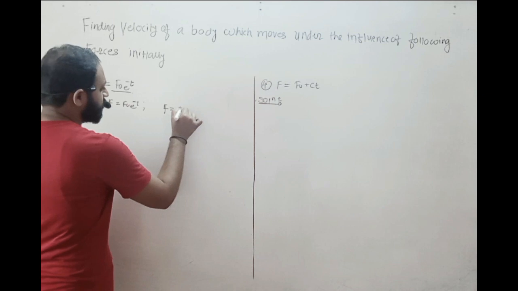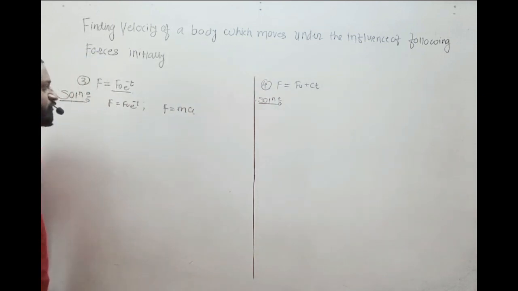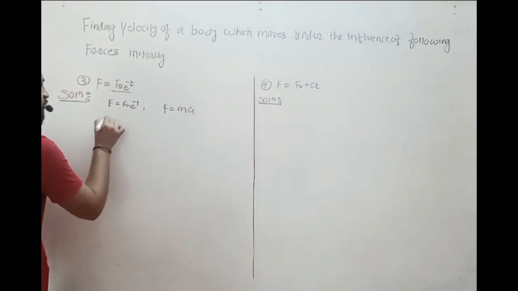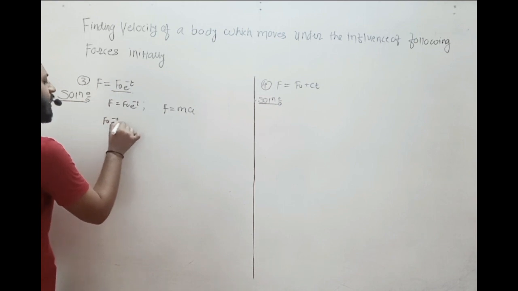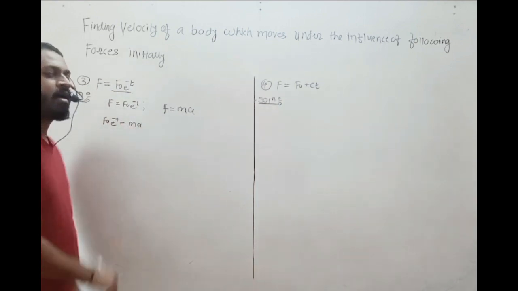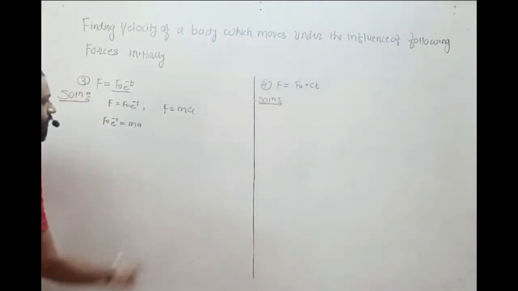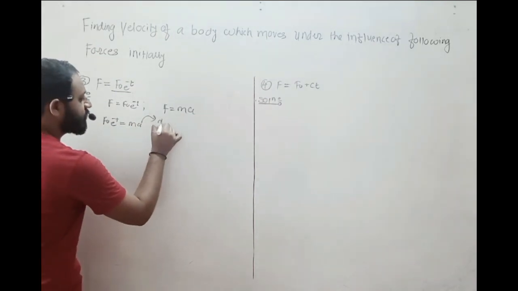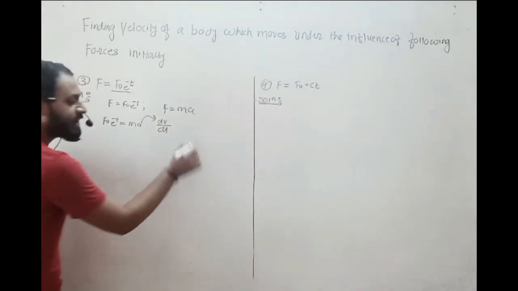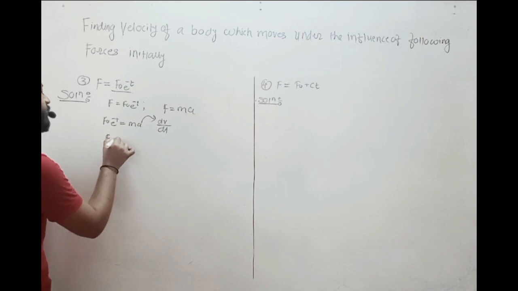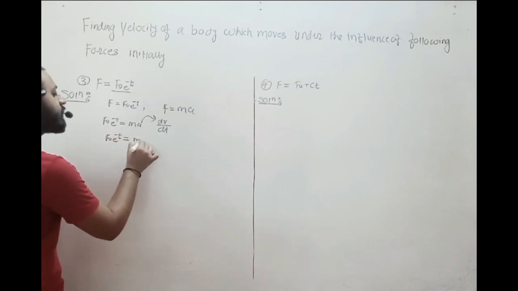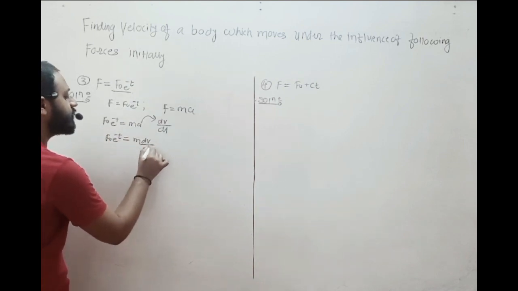Just to compare with this force, F = ma. Therefore F0 e^(−t) = ma. Any problem? No. Now in terms of acceleration, you can write dv/dt. Therefore F0 e^(−t) = m dv/dt.